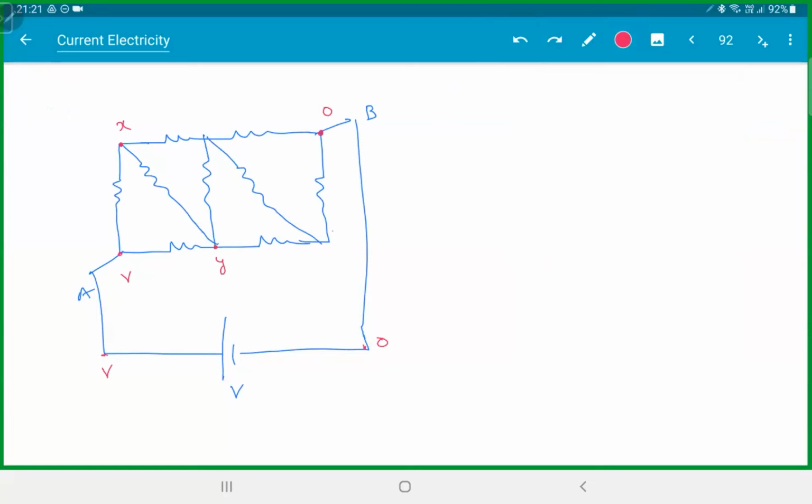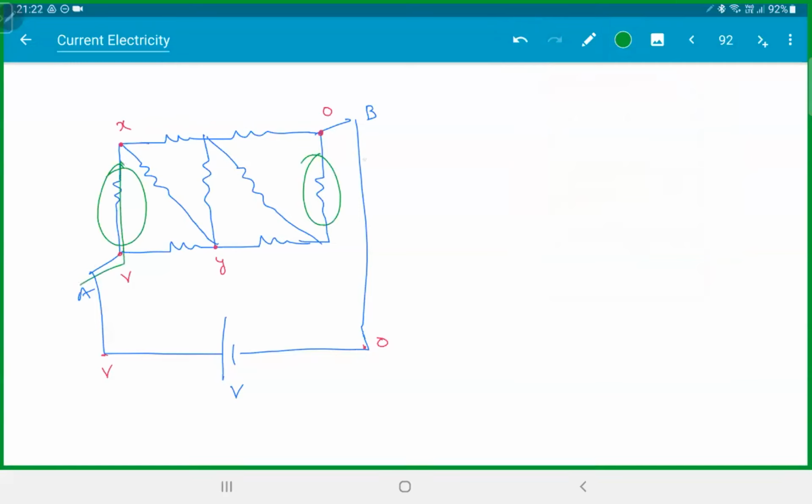What were the remaining two nodes? X. What will X be? The X down will be V minus Y. Now see, this thing just needs to be discussed now. Current in this branch and current in this branch will be the same. Make sense?